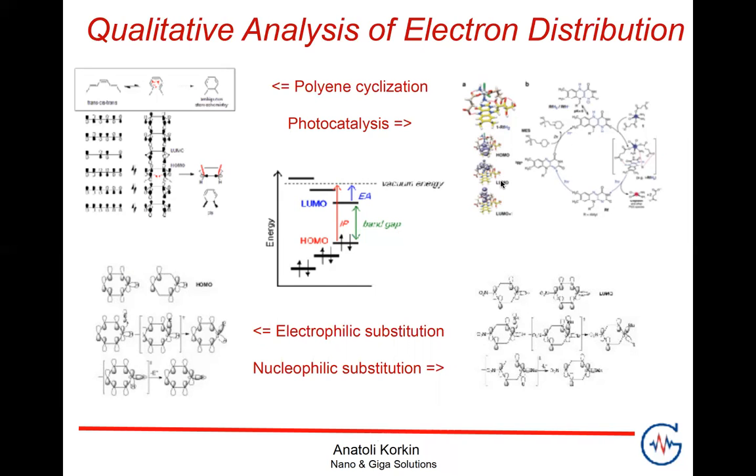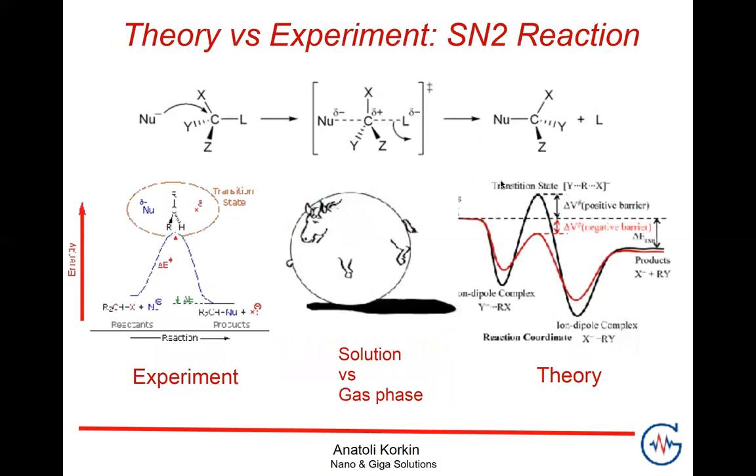In particular, for example, analysis of what's called HOMO and LUMO, highest occupied molecular orbitals and lowest unoccupied molecular orbitals. So in organic chemistry, for example, it is used to find the path for electrophilic substitution, nucleophilic substitution, and so on.